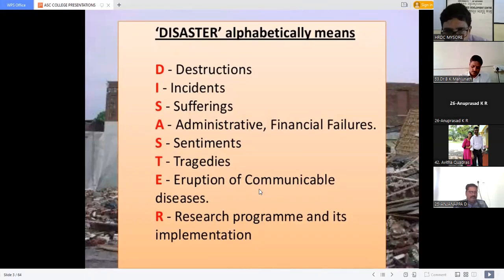E stands for financial or administrative failure. S stands for sentiments. T is for tragedy. E stands for eruption. R stands for the various programs we implement, particularly research activities. So these are what the letters of disaster stand for.